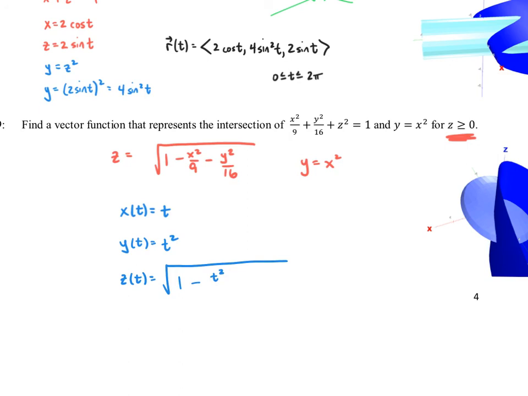Now remember, it's because x is t, divided by 9 minus y, which is t squared, and we're being told in the equation up here to square it. So we get t to the 4th power, and we divide by 16. This could be our vector valued function. Is it the only one? Absolutely not. There are lots of options here. We're just picking a nice, easy parameter for x so that nothing is specifically restricted.